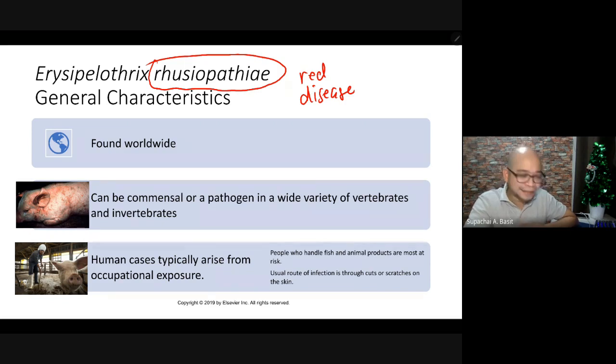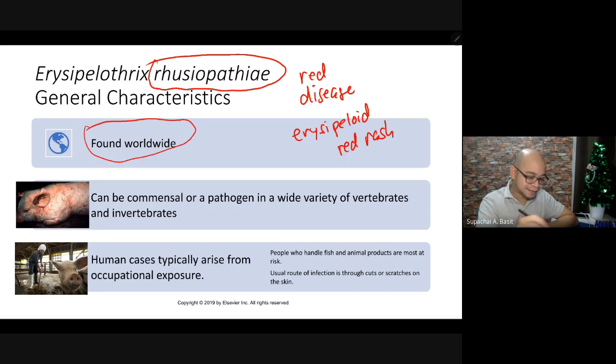Because later on, you would notice that the main disease is called erysipeloid, and it is characterized by a red rash. That's why the term rhusiopathiae. It is found worldwide and can be a commensal or a pathogen in a wide variety of vertebrates and invertebrates.